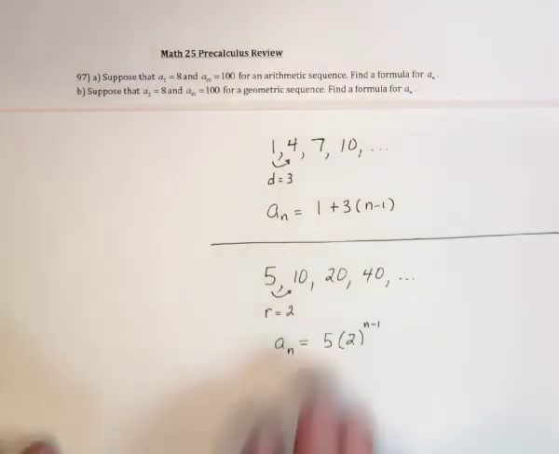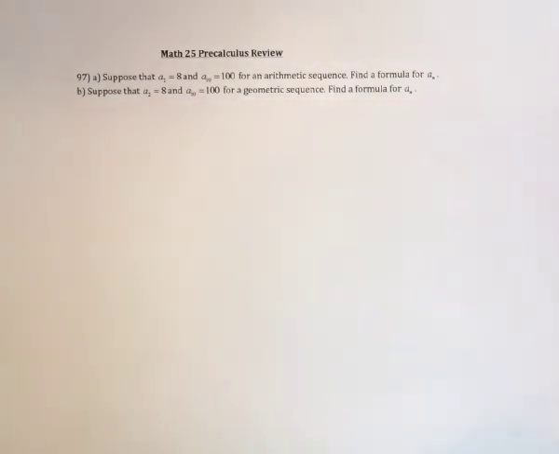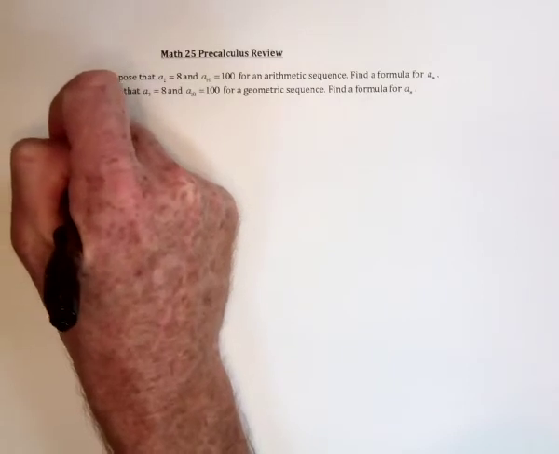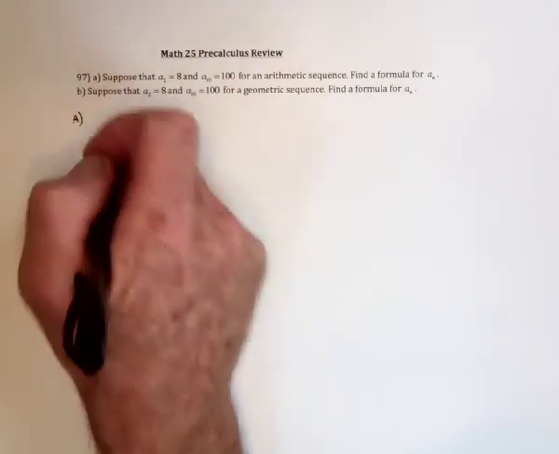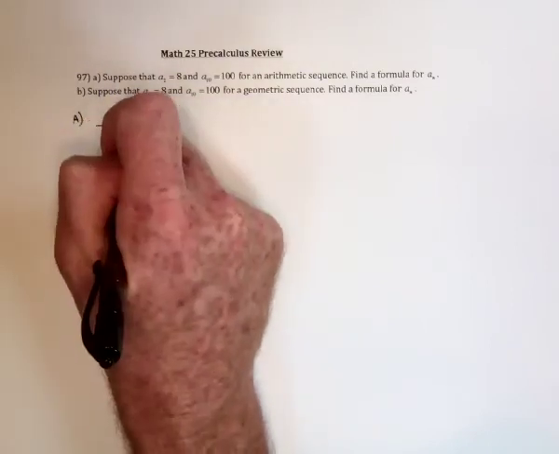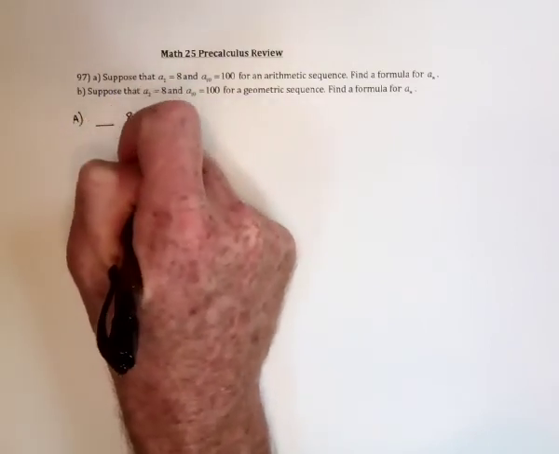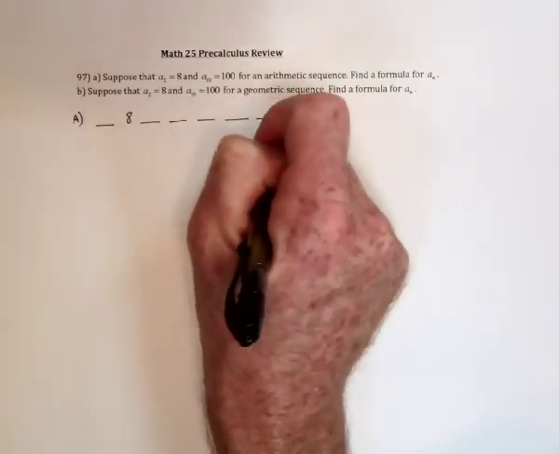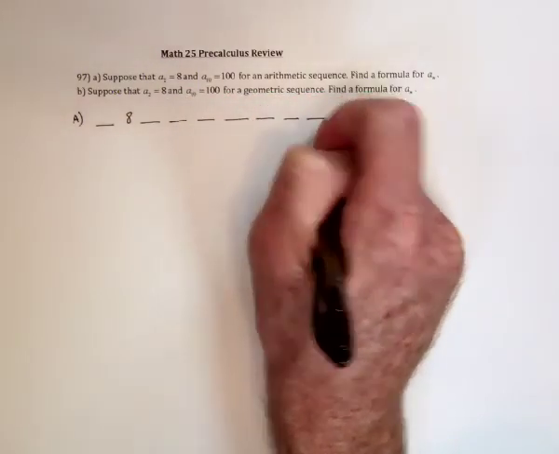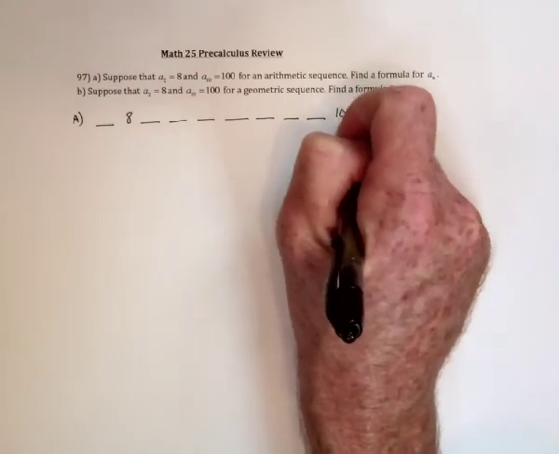Now this problem, number 97, isn't quite as straightforward because you're not just given the whole list, you're only given 2 of the numbers. So the first one is missing, and then there's an 8. That's number 2. Then number 3, number 4, number 5, number 6, number 7, number 8, and number 9 are all missing. Number 10 is the number 100.